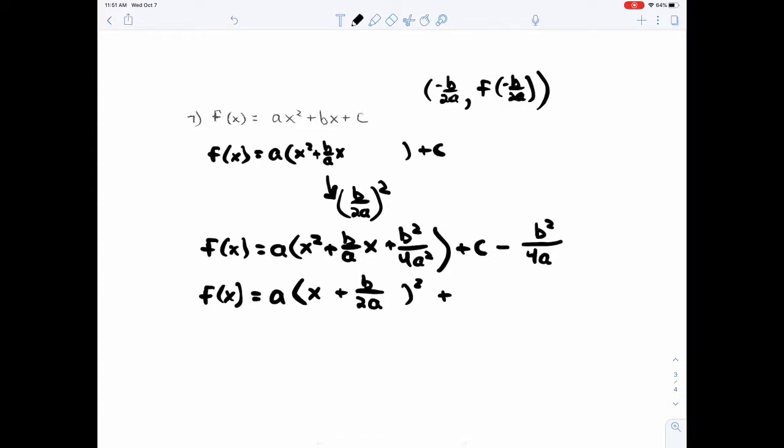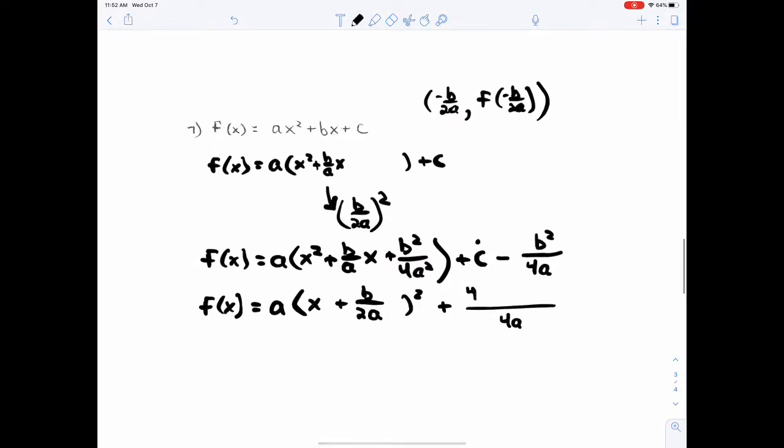It's not all that important right now. The common denominator is 4a, so you multiply top and bottom of the c by 4a over 4a. So we get 4ac minus b squared. It is not that big of a deal if you don't understand that. If you want to understand it, come in and ask me, and I'd be happy to explain it. But I'm going to leave it there for now.